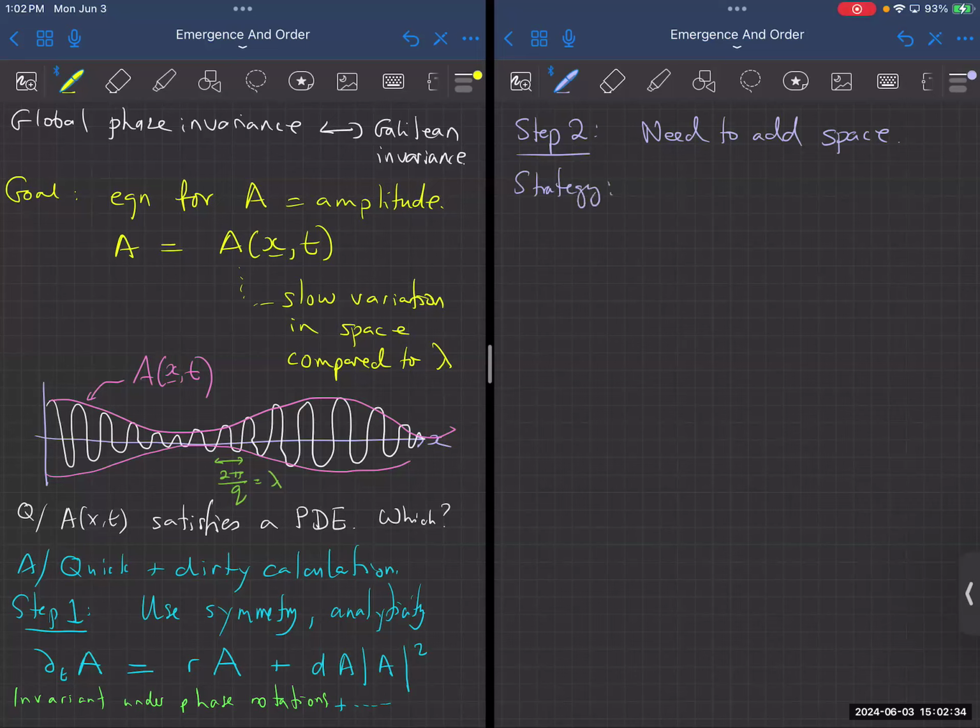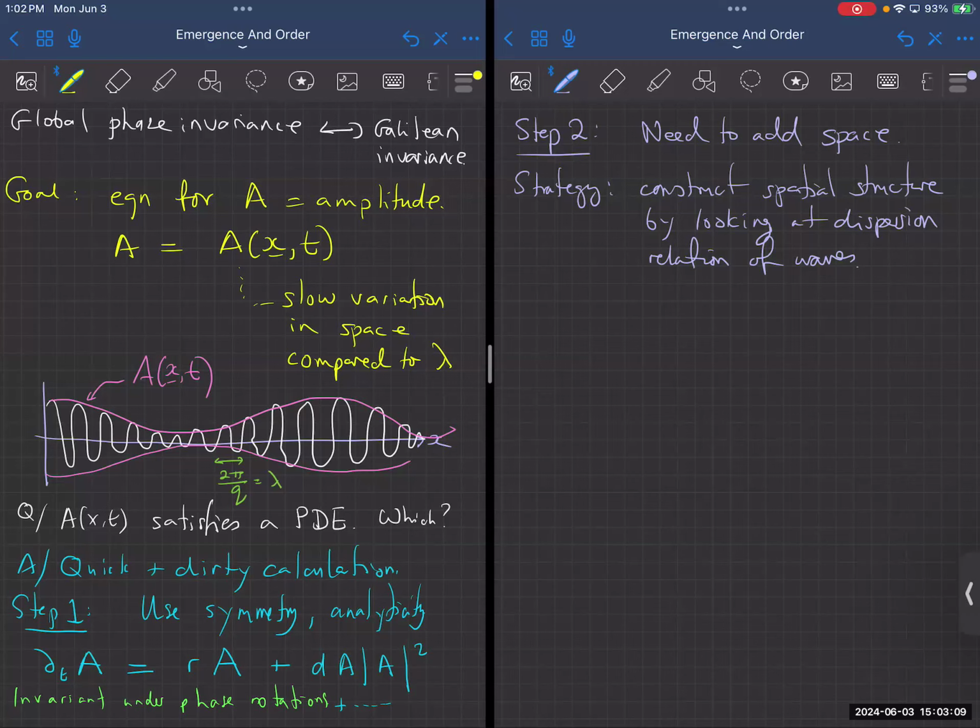The strategy is we're going to construct the spatial structure by looking at the dispersion relation of waves. So actually what we're going to do is we're going to go backwards. We're going to do something which is analogous to the way that Schrödinger derived the Schrödinger equation.